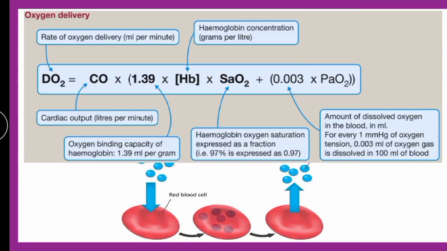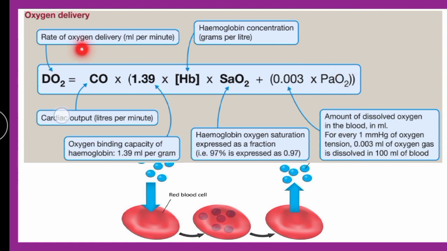Now to understand this, first we will go through this formula, that is oxygen delivery rate, that is DO2. DO2 is nothing but cardiac output into 1.39 into HB into SaO2 plus, in bracket, 0.03 into PaO2.